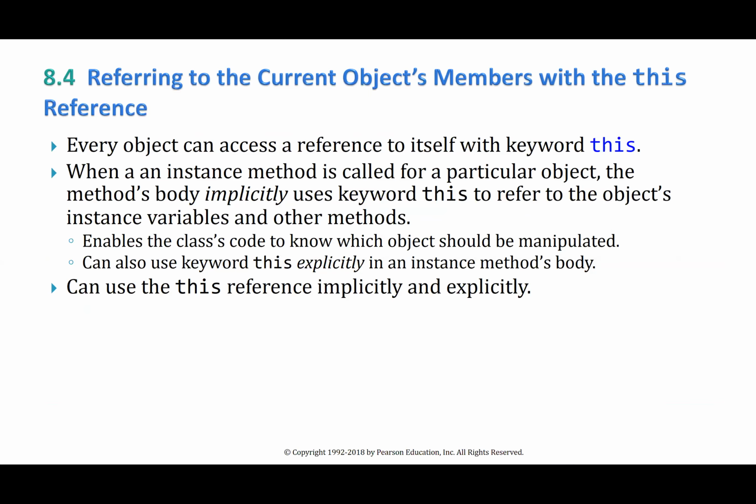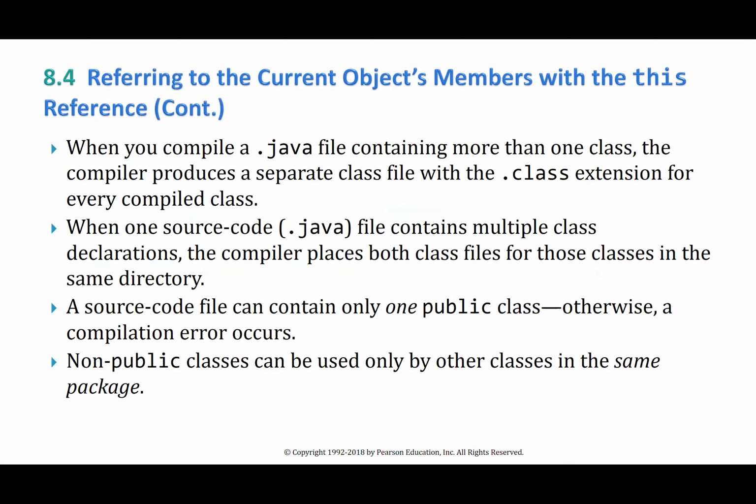Every object can access a reference to itself with the keyword this. We saw the keyword this in mod 2 and didn't talk about it much. We'll talk about it a little bit more as we go through. That means the fields of the current object when you actually get there. Okay, when you compile a .java file, it compiles into a .class file. And that's all they're doing.